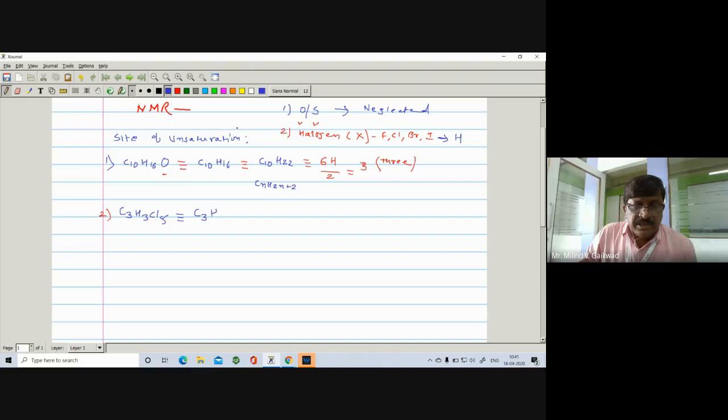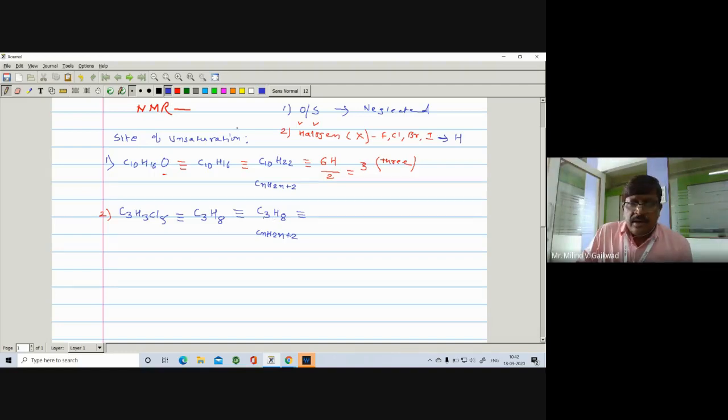If you replace Cl5 by H5, then 5 and 3 make 8, so it converts into C3H8. Then you have to convert into the corresponding alkane, CnH2n+2. So what is the formula? C3H8, right? Then you have to subtract this one.